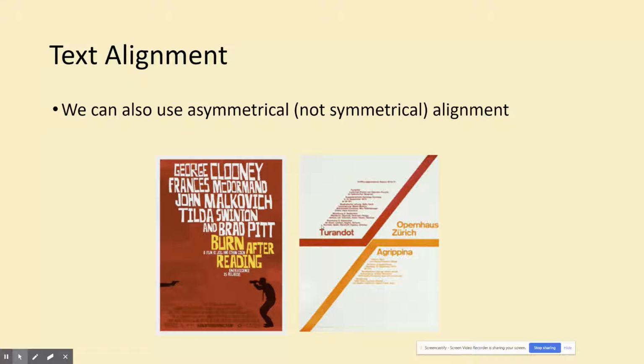And so if we look at other examples here, this is maybe not quite as neat, but it's still asymmetrical text. The text is not aligned symmetrically down the center, and it's not aligned down a nice straight line at either side. So it's all just kind of, I guess, nudged either way, and thus asymmetrical. So those are the different ways that we can use alignment.